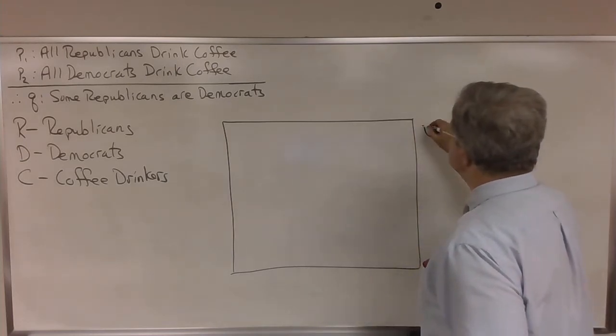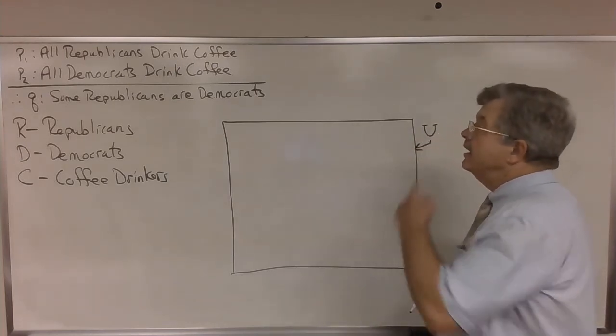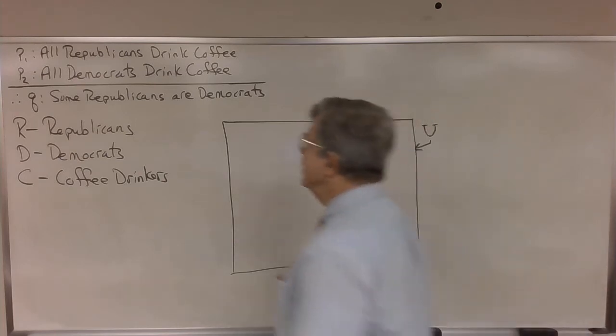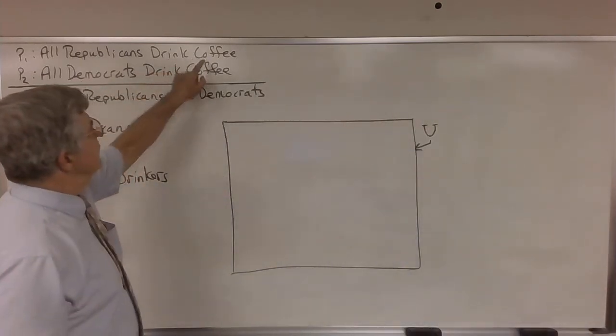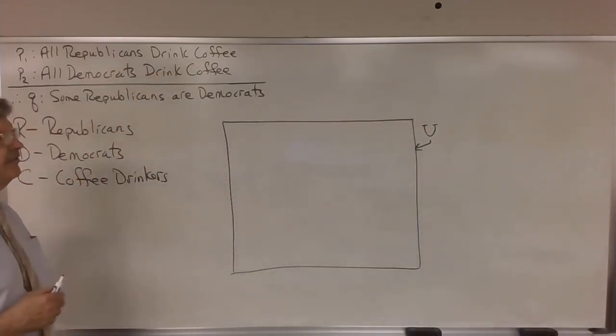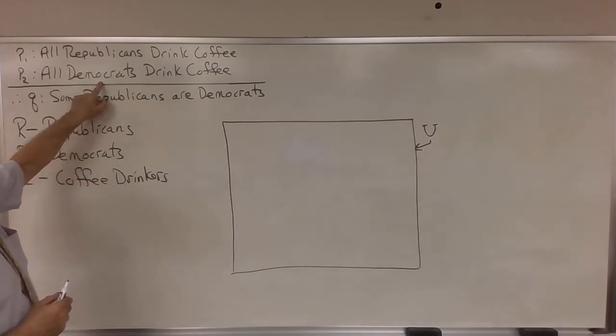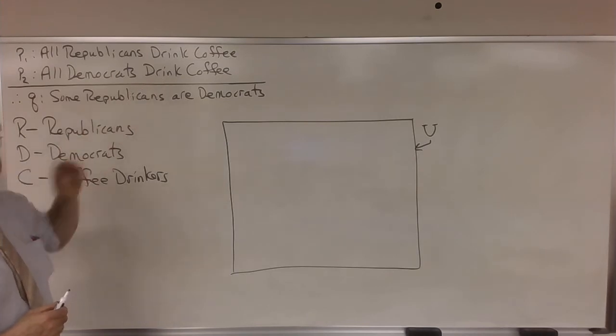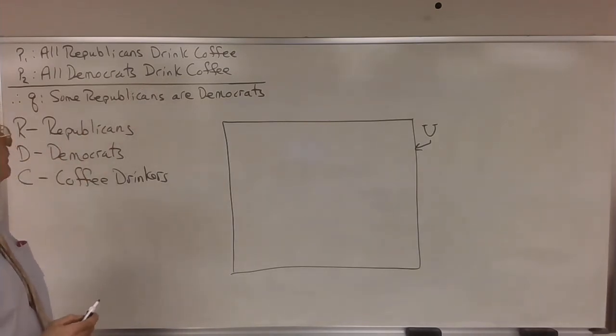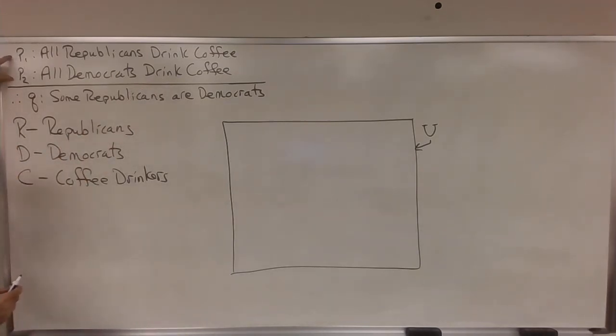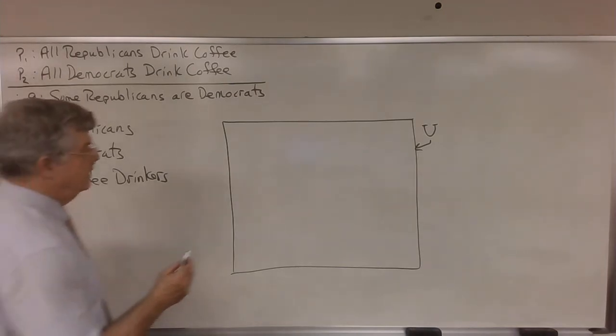Here's our universe, and all Republicans drink coffee, so the Republicans have to be in the coffee circle. And the Democrats, all Democrats drink coffee, the Democrats have to be in the coffee circle, because we're drawing our diagrams so that the premises are true.